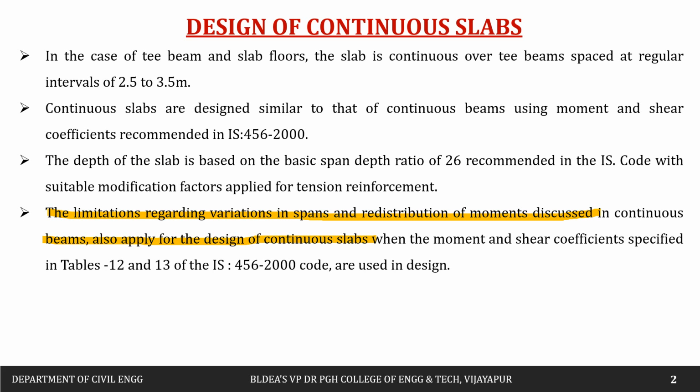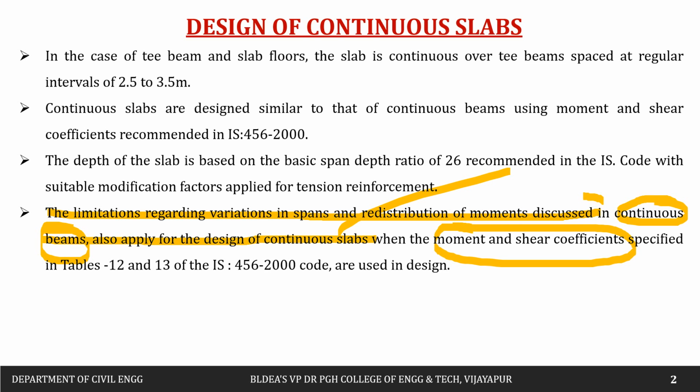That means what we discussed earlier in continuous beams, like the length should not vary more than 15% of the longer length. The same thing we can apply for continuous slabs also, and we can use the moment and shear coefficients given in IS 456 to design the continuous slabs.